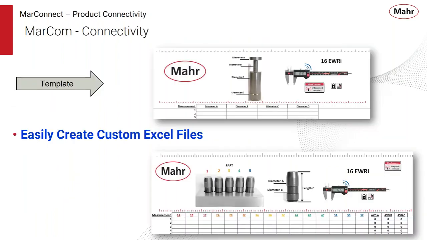And with MarCom and using the Excel files, you can go ahead and create basically worksheets that can collect the data. Using Excel, you can classify the data, you can get averages and so forth. So there's lots of computing power with Excel to help you collect the data.